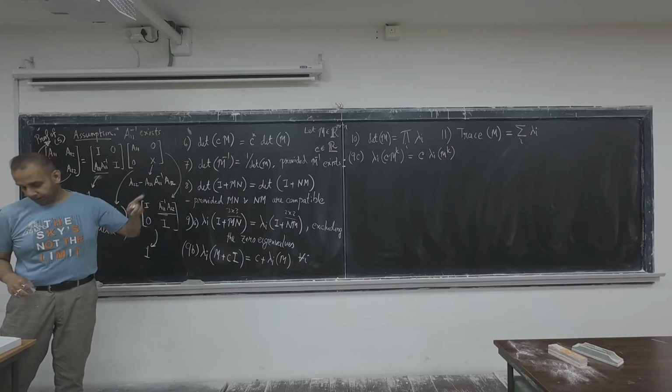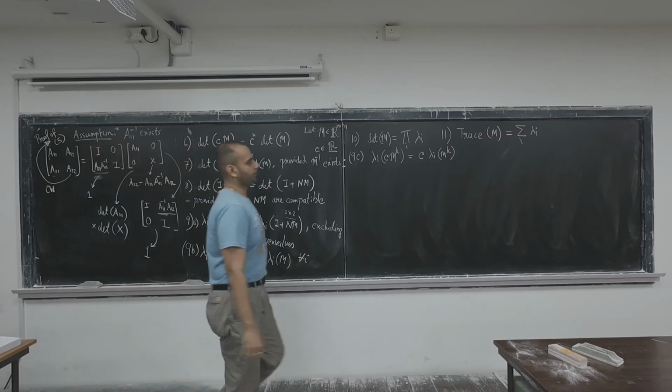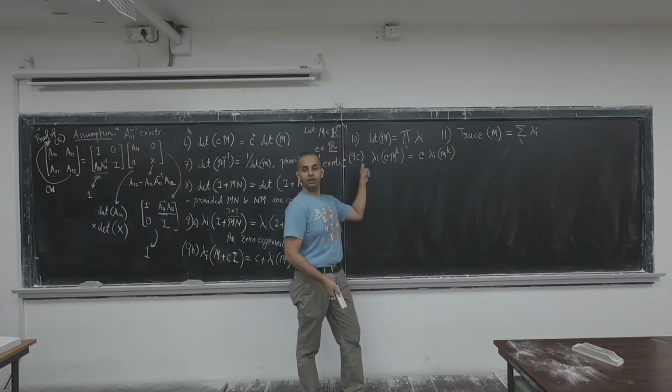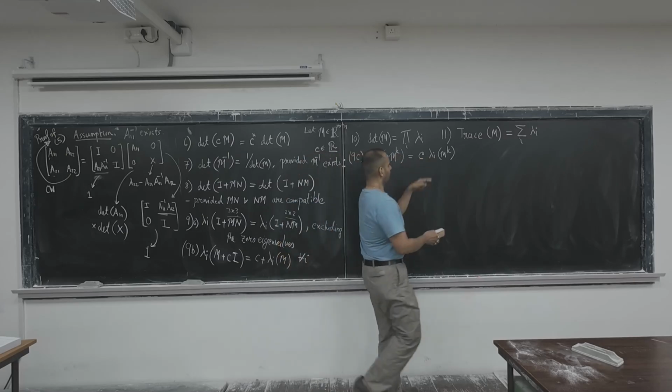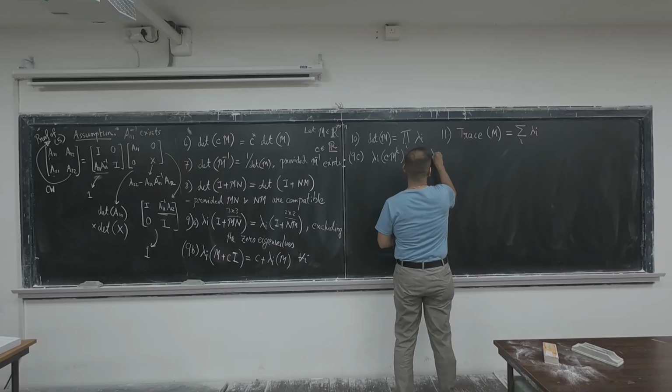No, directly, sorry, that is lambda I to the power k. I made a mistake. Of course, it would be c into lambda I, and finally that would be lambda I to the power k. Okay.